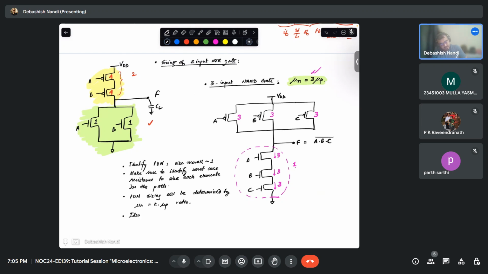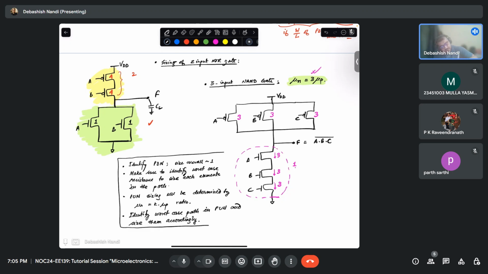Identify worst case path in PUN and size them accordingly. Okay, so this should be your strategy whenever you find out any such kind of CMOS logic sizing problem.